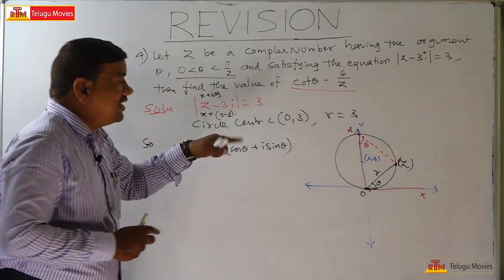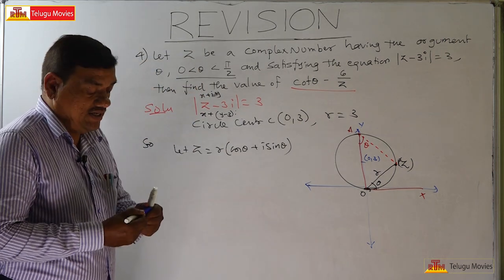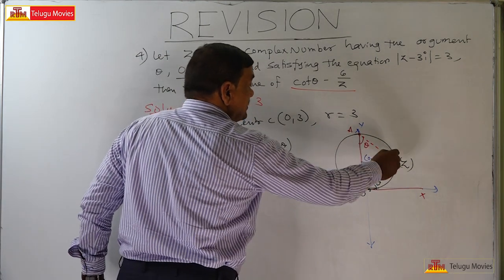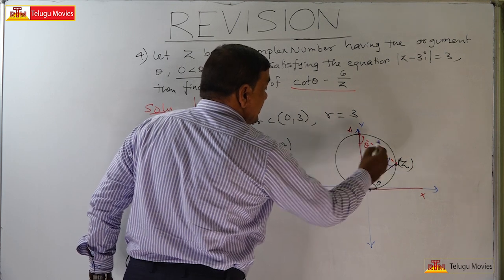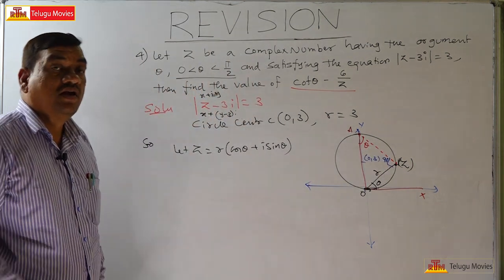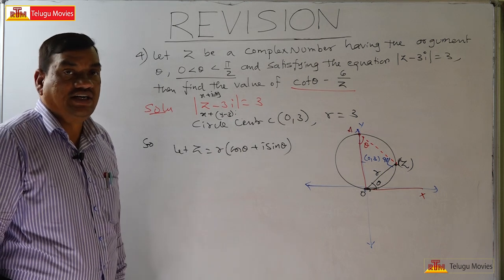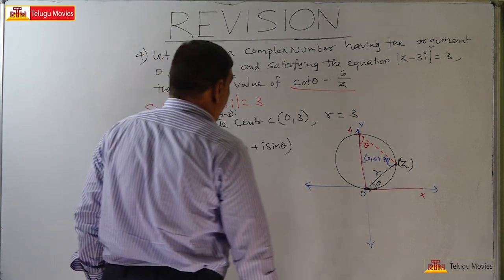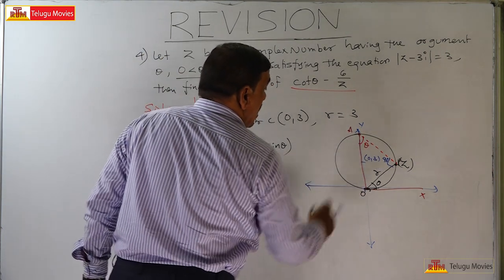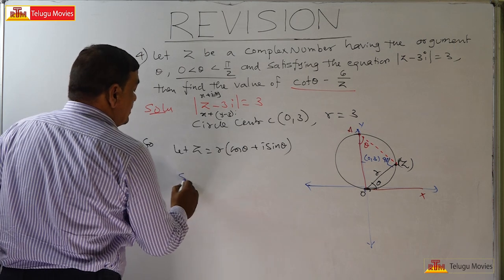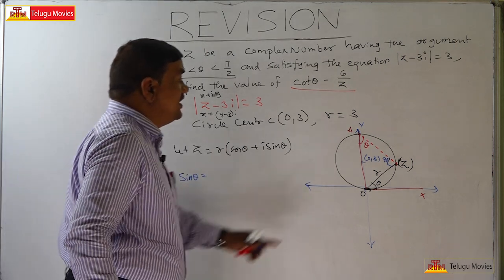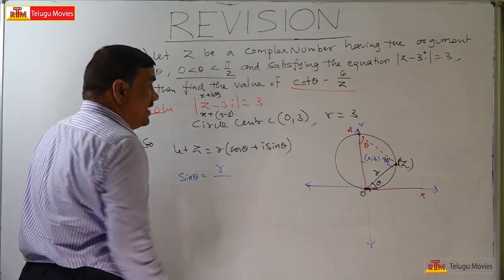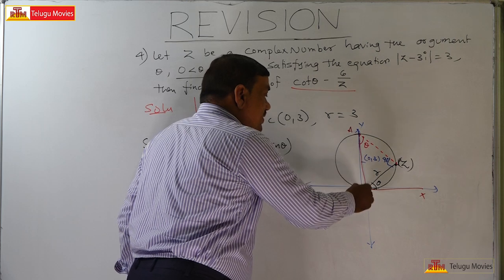Now, in the diagram, angle Z will be 90 degrees. Why? Angle in a semicircle is 90 degrees. From this, we want to find out r in terms of theta. So sin theta is equal to the opposite side, that is r, by the hypotenuse OA.